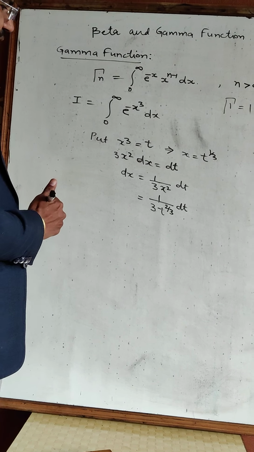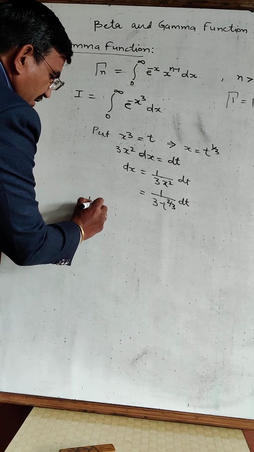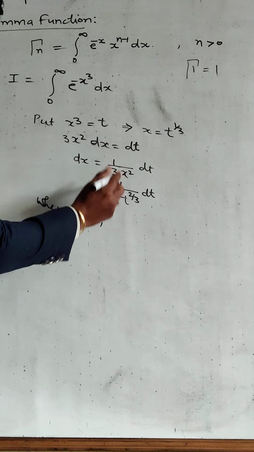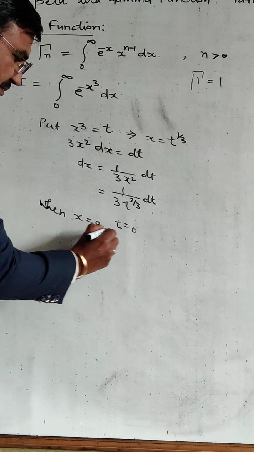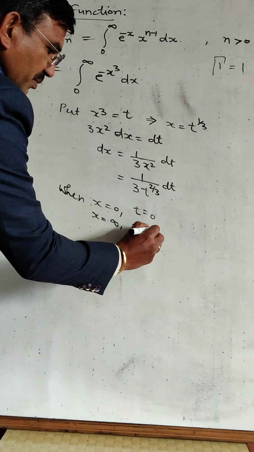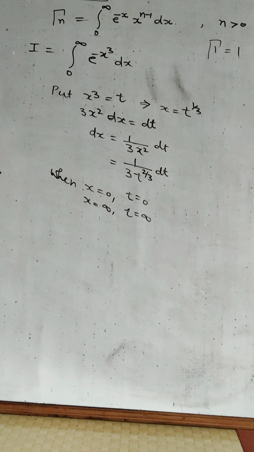Again, find the limits. When x is equal to 0, t would again be equal to 0. When x is equal to infinity, t would also be infinity.